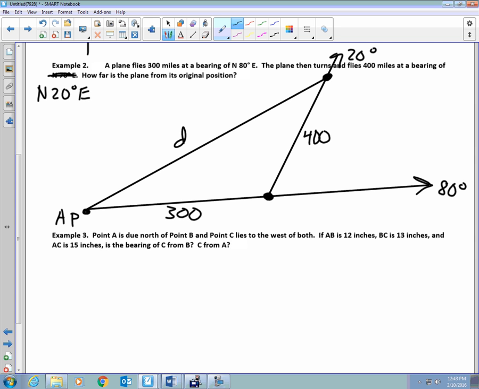You think it's 120 on the inside. Why? Very good. So, Kelsey said that it's traveling at an 80-degree bearing, and then it turns to a 20-degree bearing. That means it turned 60 degrees.